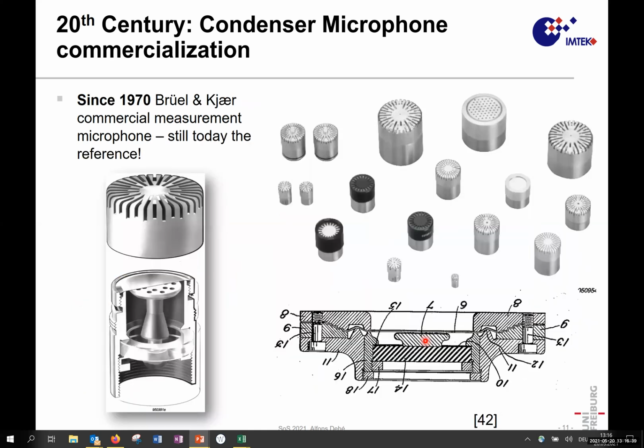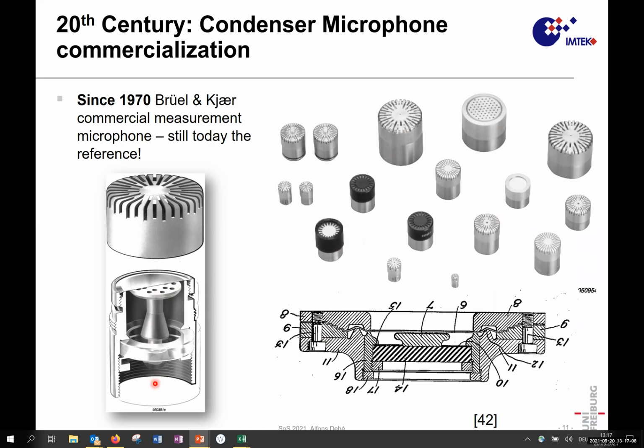Out of this time we also find reference microphones still commercially available. You see, this is the company Brüel & Kjær, for example, with a portfolio of a lot of capsules. These capsules are all capacitive transducers after the principle of Wente. If you look inside the construction, you still have this back electrode plate, which is on a glass connector.